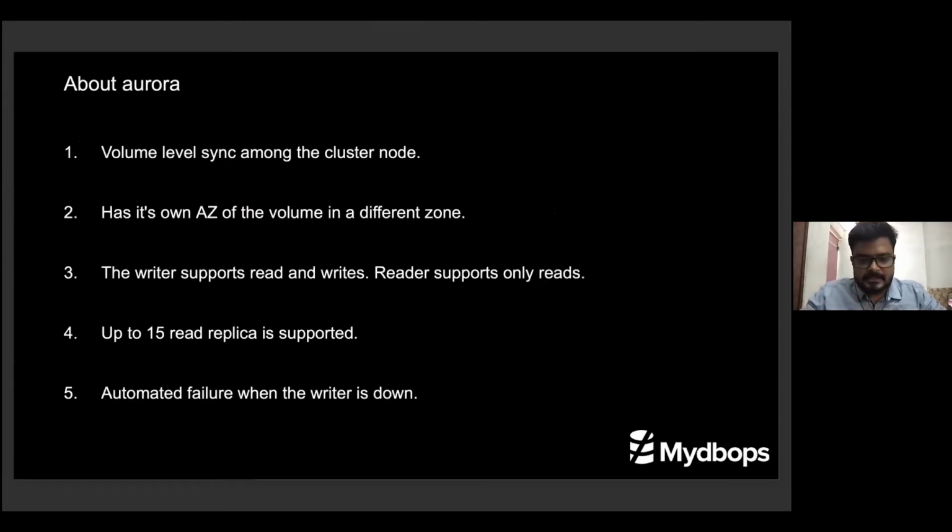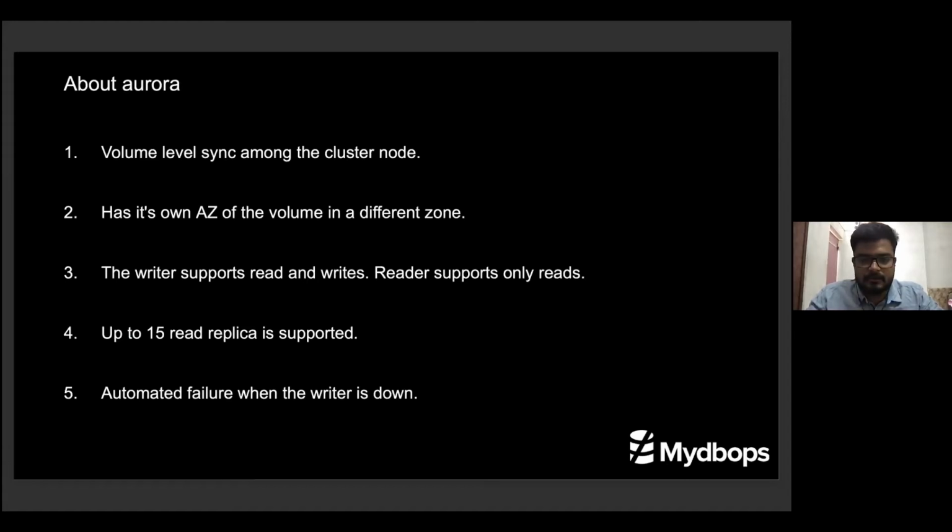As mentioned, it is a volume level synchronization. Also, an AZ will be there for each individual volume, and especially the writer node will support reads and writes, but the reader nodes will support only reads. In RDS, we have a limitation of only 6 replica servers, but in Aurora we have extended reader nodes.